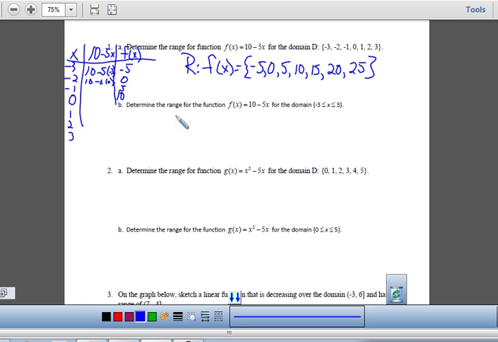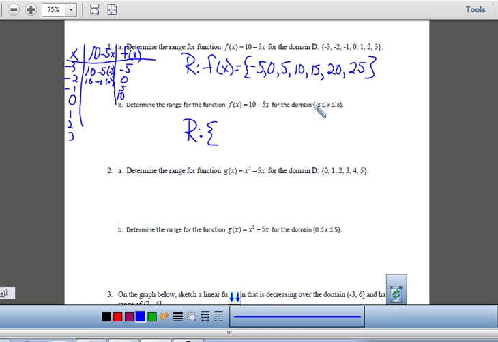Now part B says determine the range for the function f of x equals 10 minus 5x for the domain. This is talking about all the values greater than or equal to -3 but less than or equal to 3. So now we're talking about this kind of an answer.